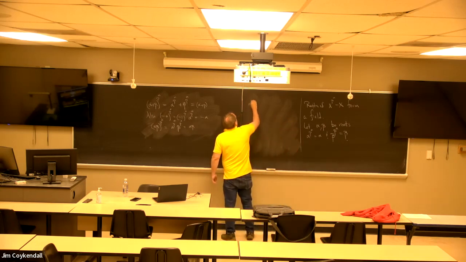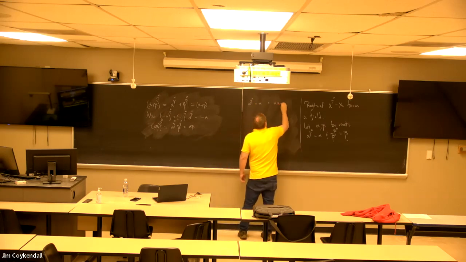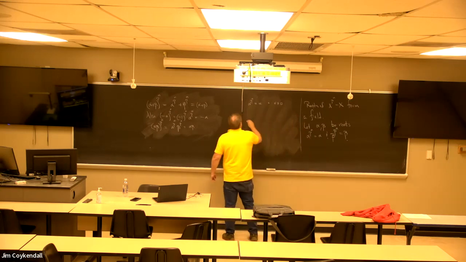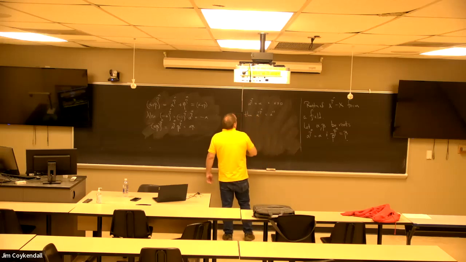If alpha to the p to the n is alpha, and alpha is not 0, then alpha to the minus p to the n is alpha inverse, just by taking inverses of both sides.